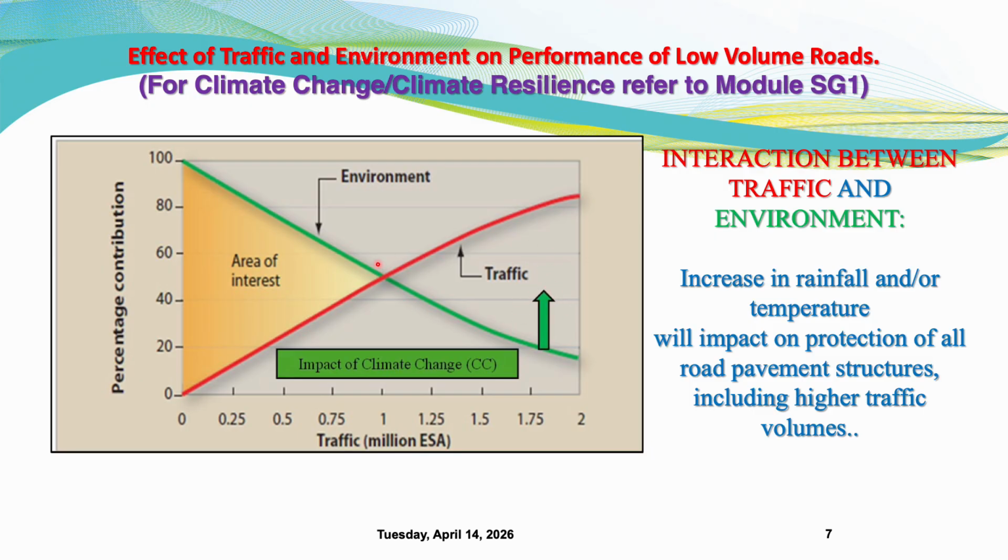But in general, for all the low volume roads, less than 1 million, the environment plays a critical role on these pavements. So climate is very important for pavements in this class, less than 1 million. That is the interaction between traffic and environment, conceptually given in this slide.